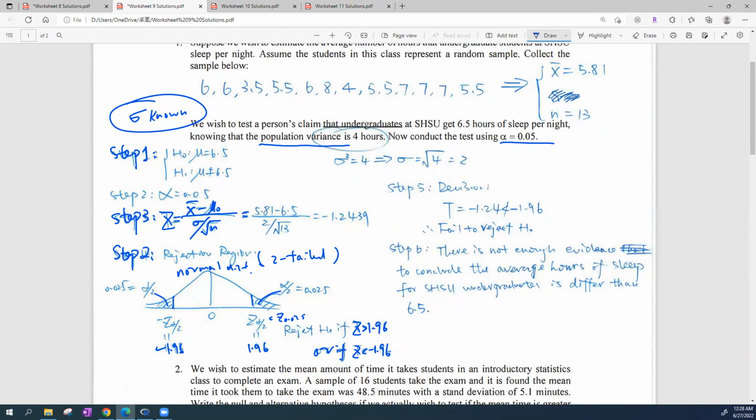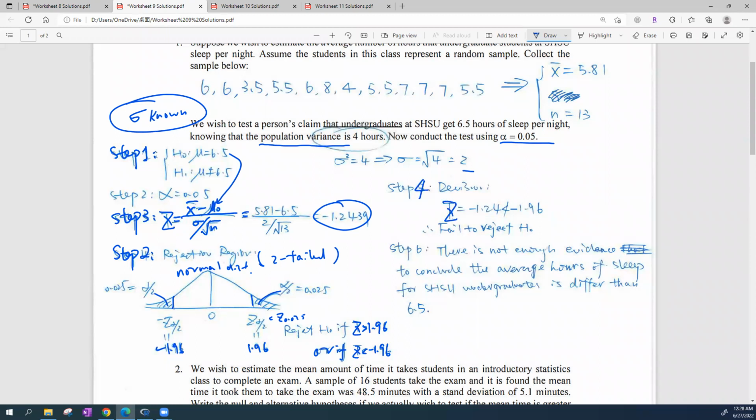So if we assume H naught is true, then mu equals 6.5. So that's how we got mu naught. So 5.81 minus 6.5 over sigma, which is 2, over square root of n. So then the test statistic is negative 1.2439.